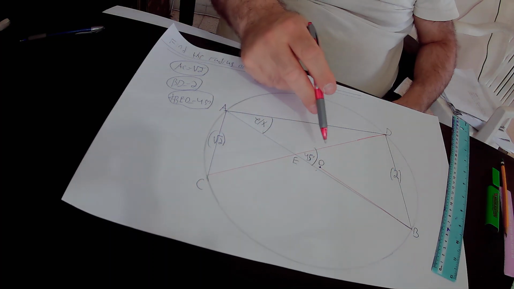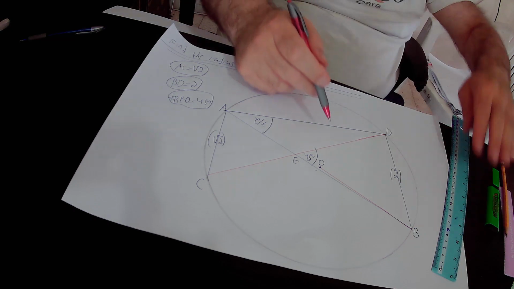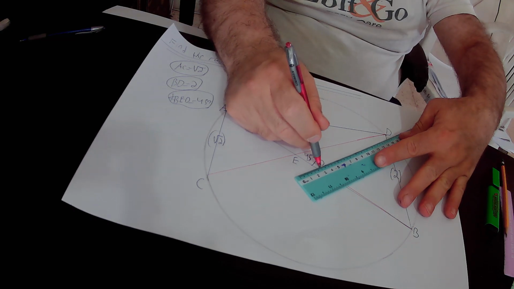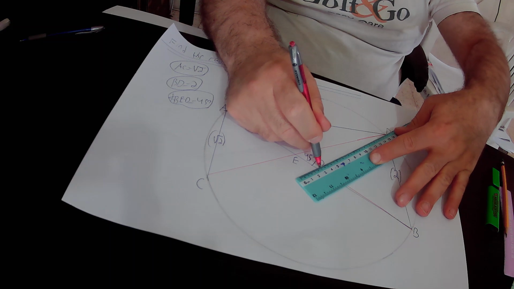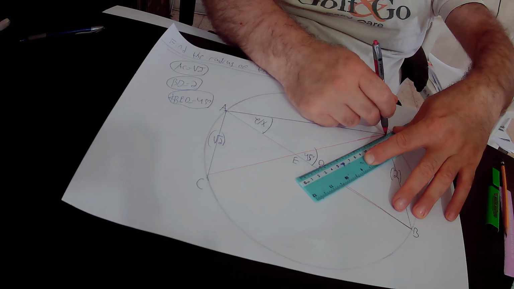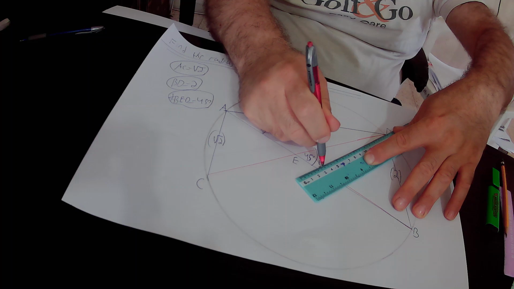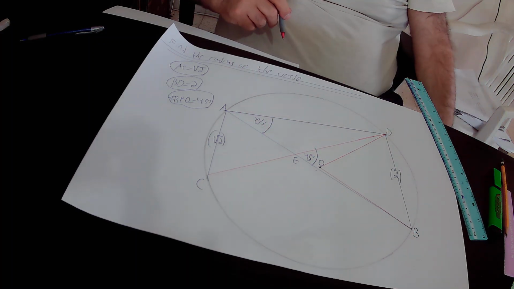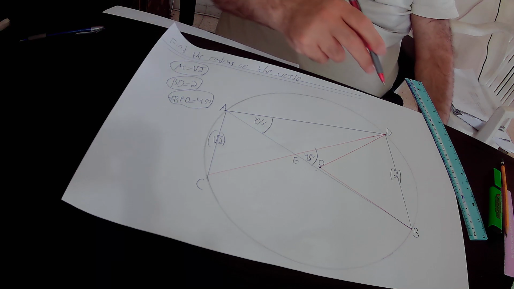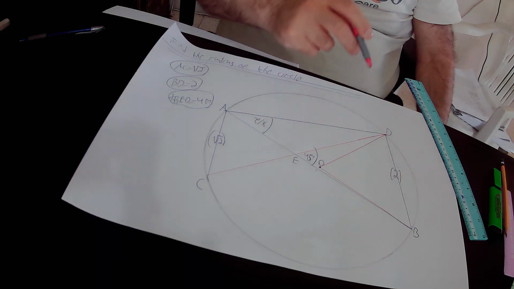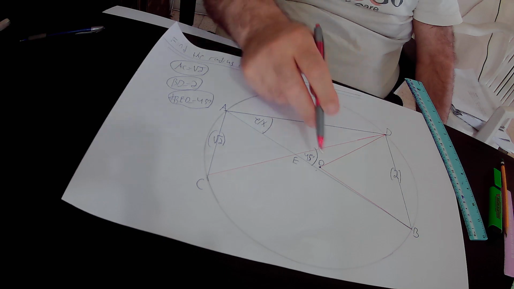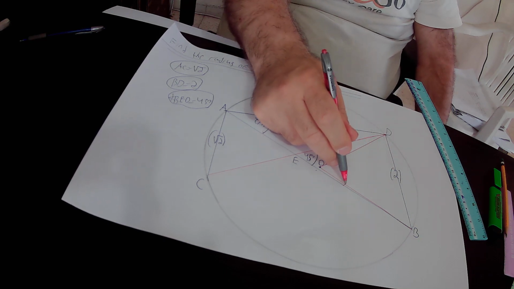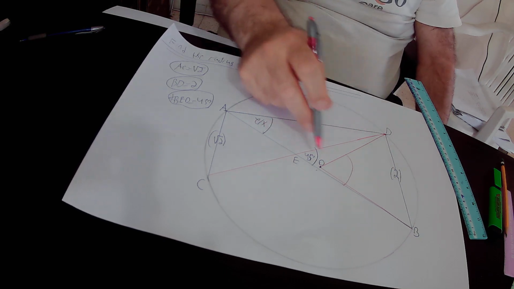Likewise, we join points O and D together by a straight line. By doing this construction, we created the center angle DOB.